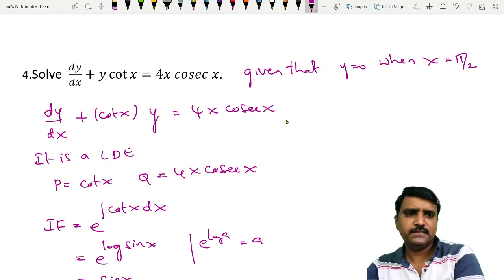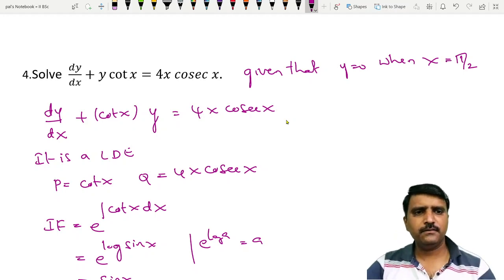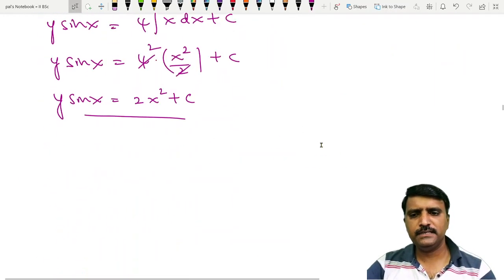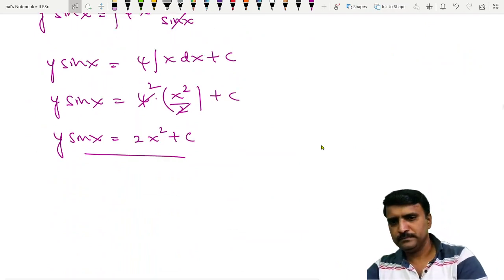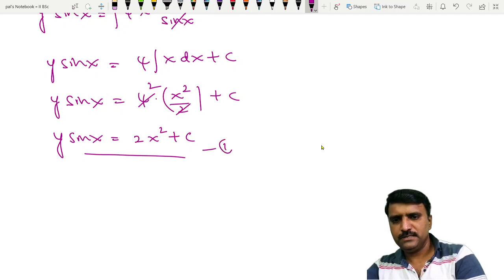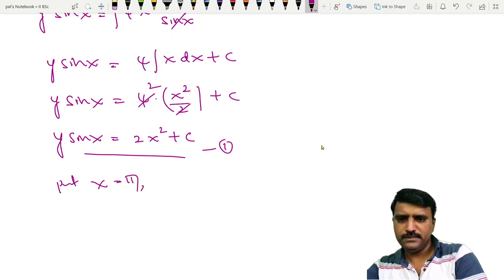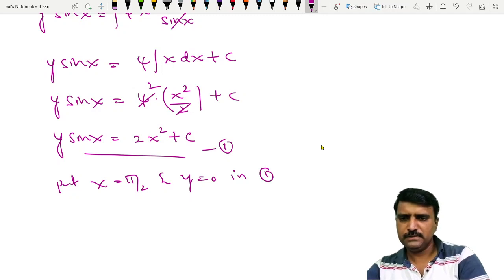Okay, use this condition. When x is pi by 2, y is 0, you apply this condition. Put x is equal to pi by 2 and y is equal to 0 in solution 1. So what does it give?